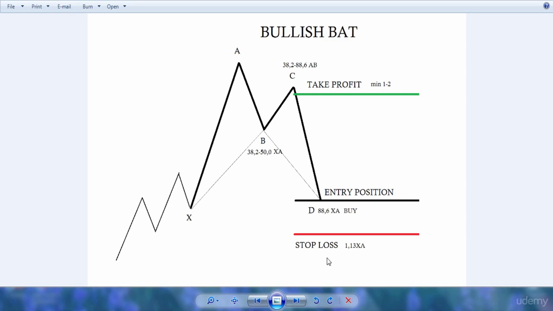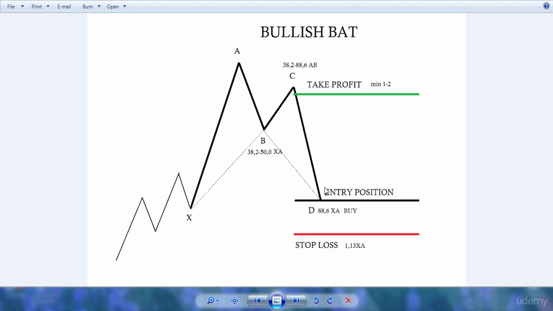Stop loss is set at the level of 1.13 Fibo extension of wave XA, while the take profit can be adjusted if price moves in the desired direction, or it can be fixed at a minimum double level compared to the stop loss. Although this pattern was developed from the Gartley pattern, it's much more grateful for trading compared to Gartley.